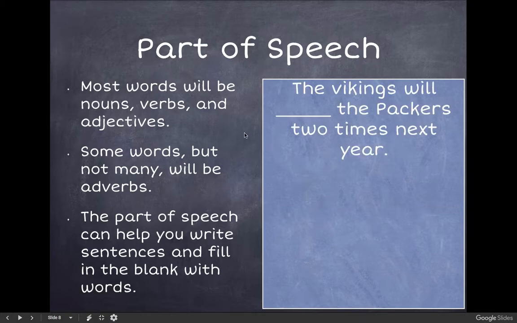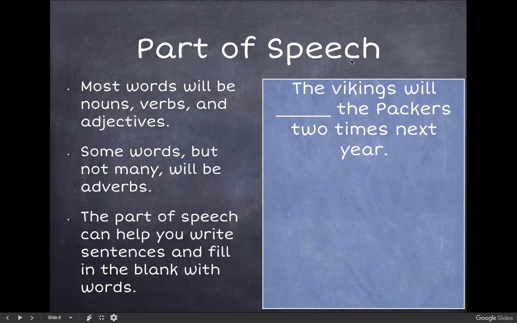For example, the Vikings will blank the Packers 2 times next year. Well, I see it's will lose, will win against, will cremate, will destroy, will demolish. I'm using verbs to fill in the blank. And I know that a verb always follows the word will.